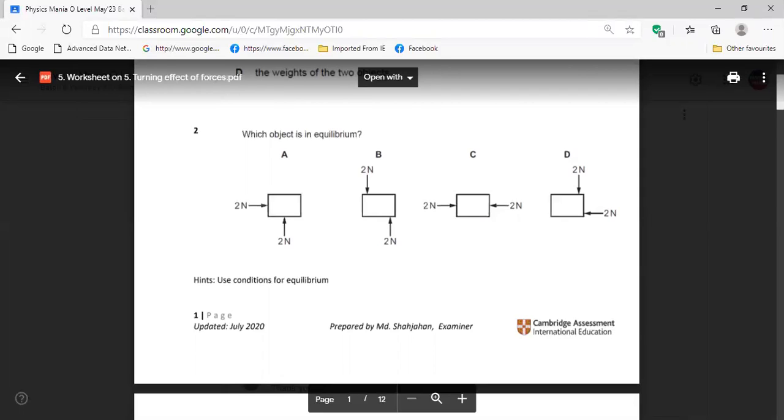So here we will not get equilibrium for B. But if you check option C, you'll see they are working exactly in the same line, in opposite directions. So in this case they are canceling each other, then it could be equilibrium. Okay. Is it clear? Yes.